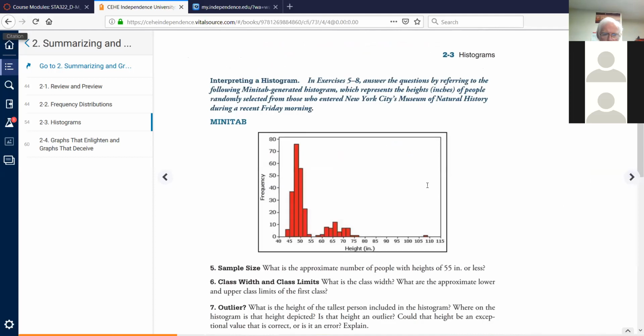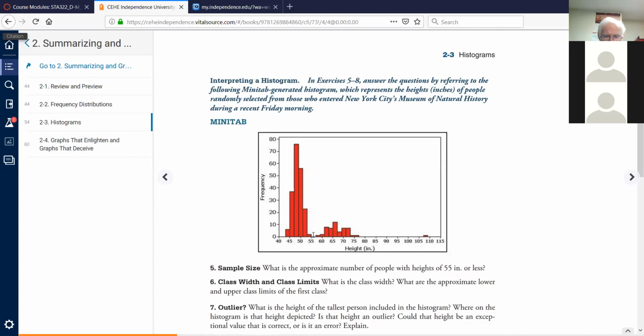So interpreting a histogram. We've got the sample size for height of people randomly selected entering the Natural History Museum. So we've got a cohort here of small people, short people, meaning kids.